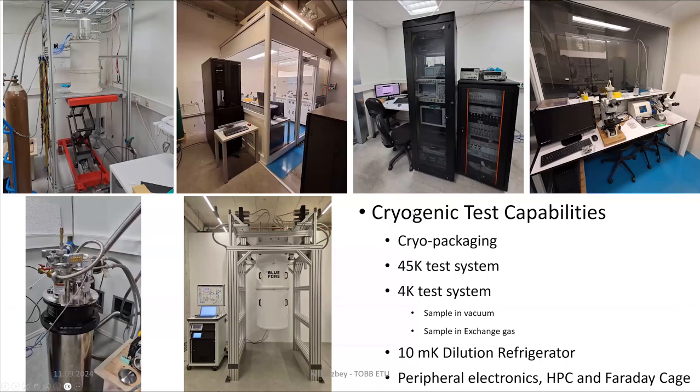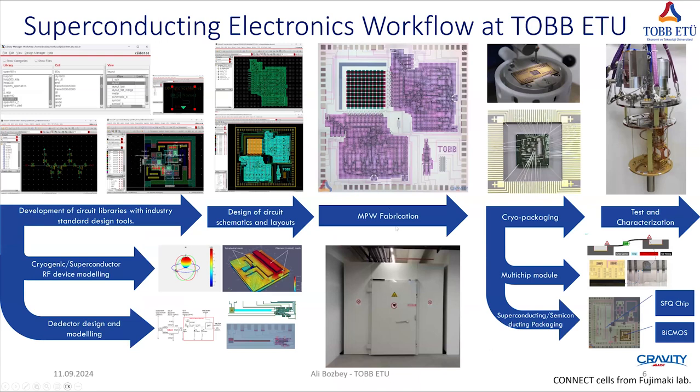We have some cryogenic test capabilities, including cryo packaging and 45 Kelvin systems and 4 Kelvin systems and a 10 millikelvin dilution refrigerator system that was recently delivered, and also the peripheral electronics. So I will come back to this slide at the end of the talk, because for each picture I will explain how we design the circuits and how we design RF circuits in superconducting materials.